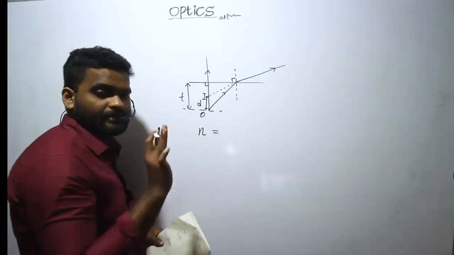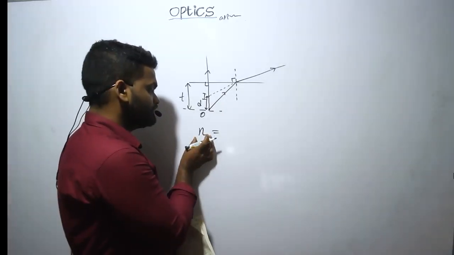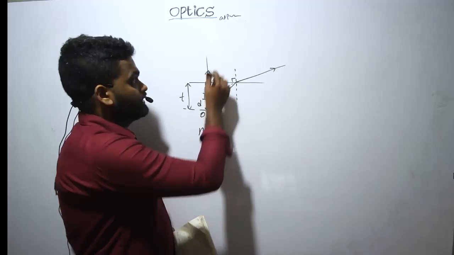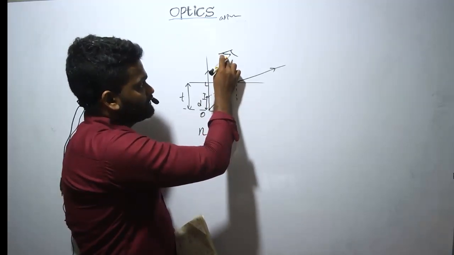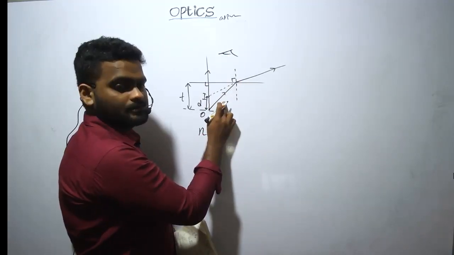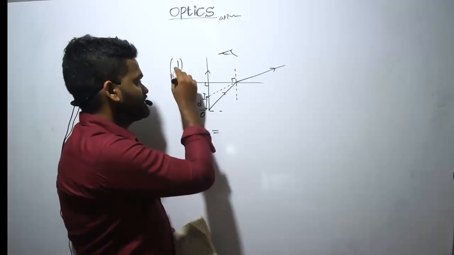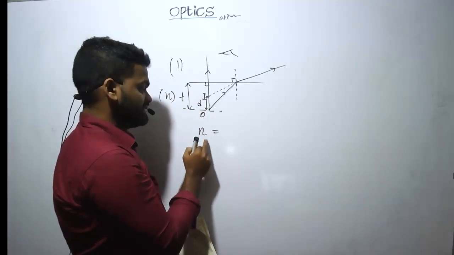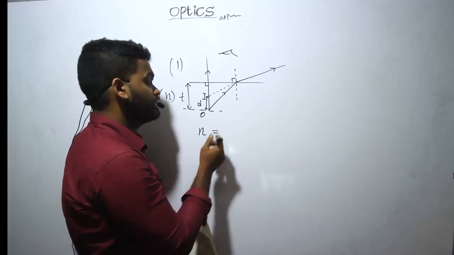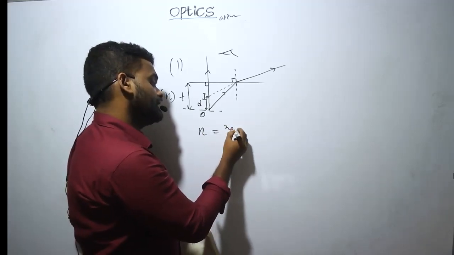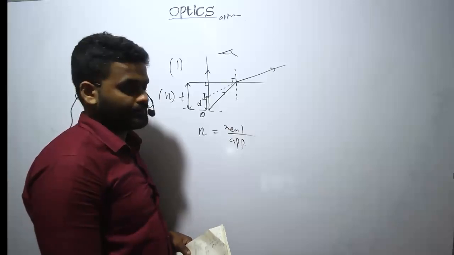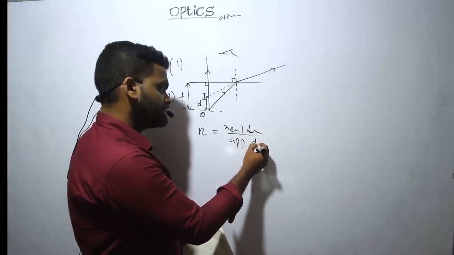From the previous theory, we derived simple n. Let's say the other medium is air for simplicity. So n divided by 1 is n, equals real depth divided by apparent depth.